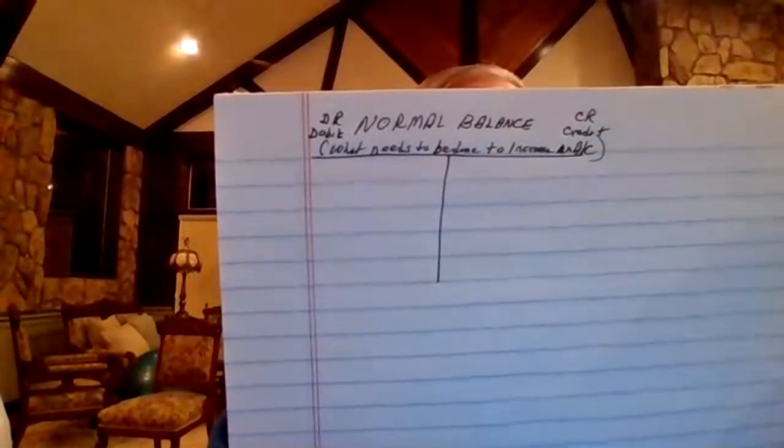And then I said put debit on the right side, or DR is the abbreviation, or CR on the right side, or write the word credit, something like that. And then I put in the types of accounts, the 6 basic types of accounts that there are.